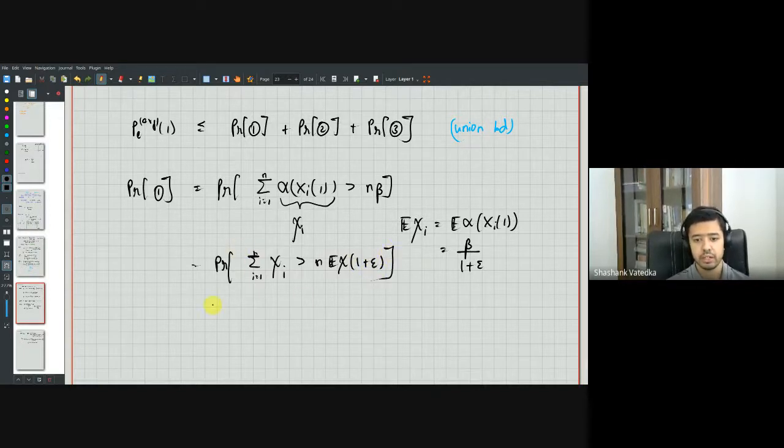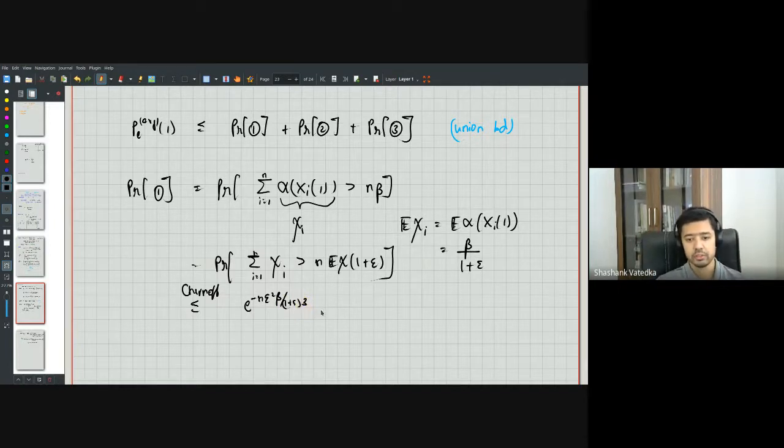Just by the Chernoff bound, this is less than or equal to e to the minus n times epsilon squared times the expectation of chi, divided by 3.